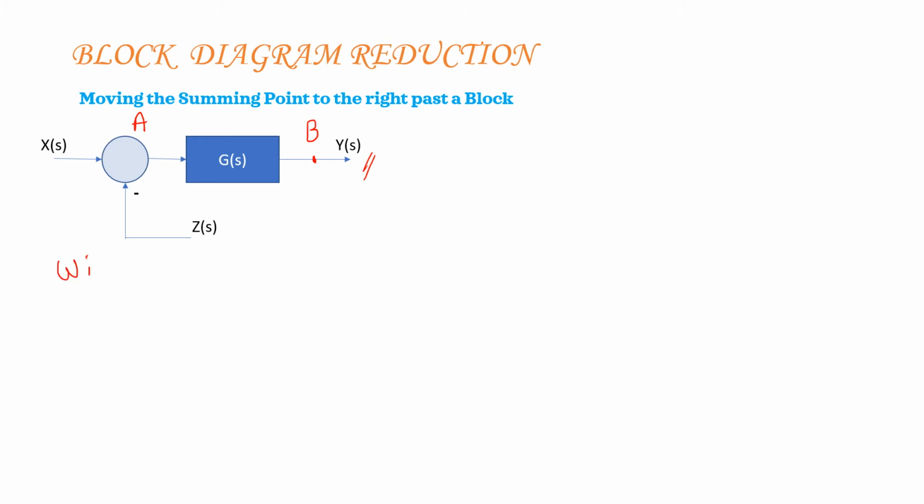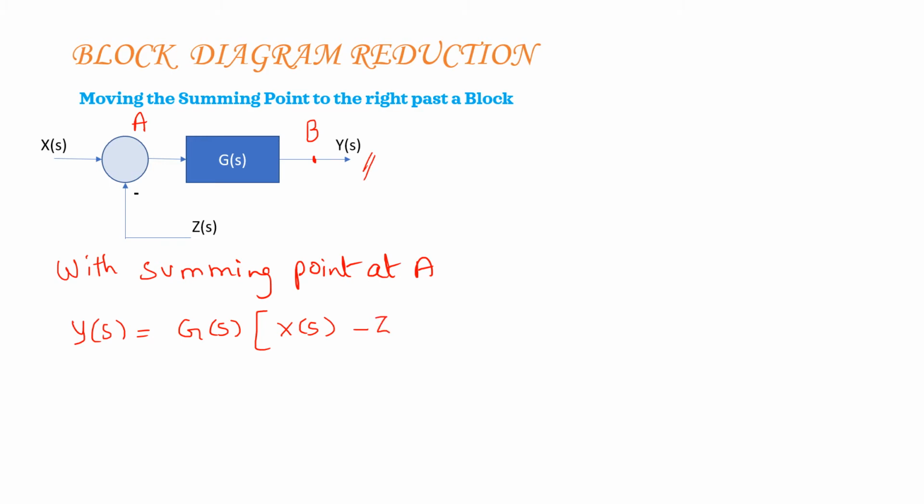With the summing point at A, now what is y of s? So y of s is nothing but g of s into x of s minus z of s, or I write it as g of s into x of s minus g of s into z of s.